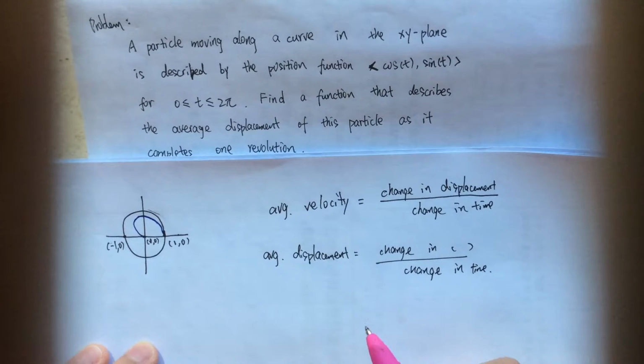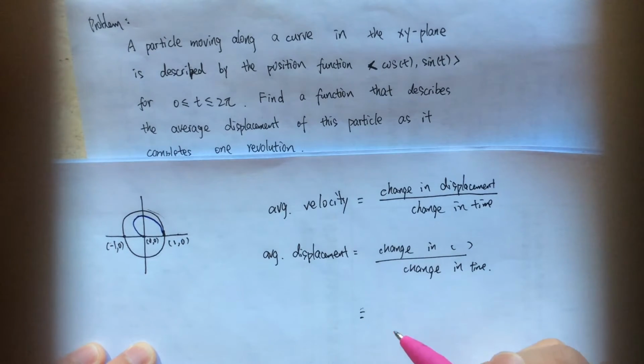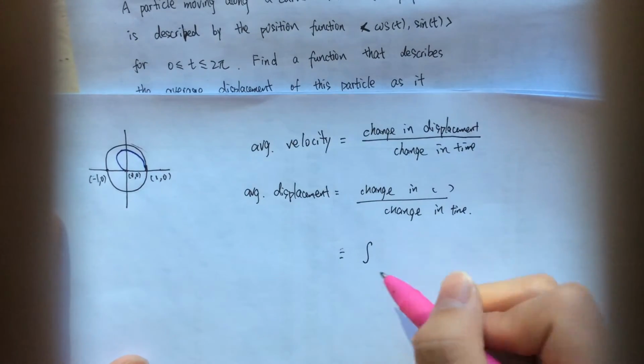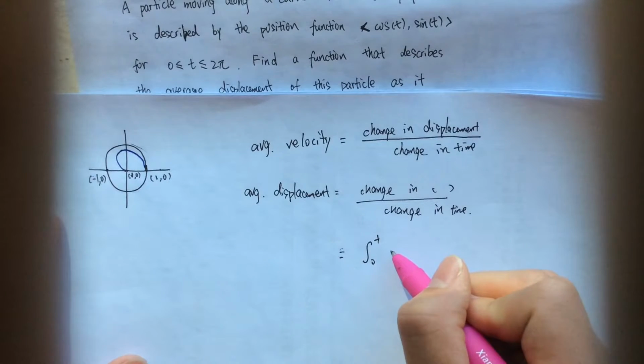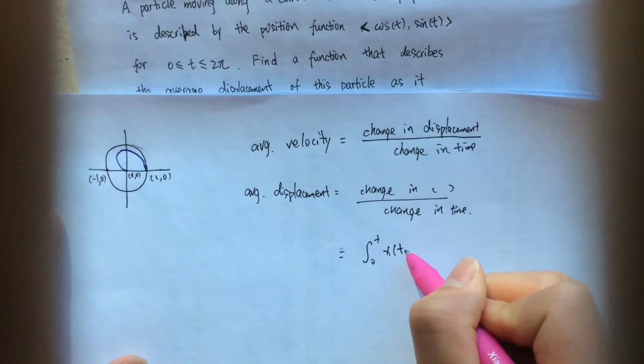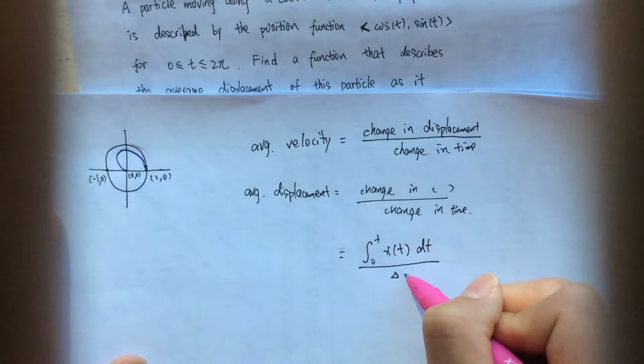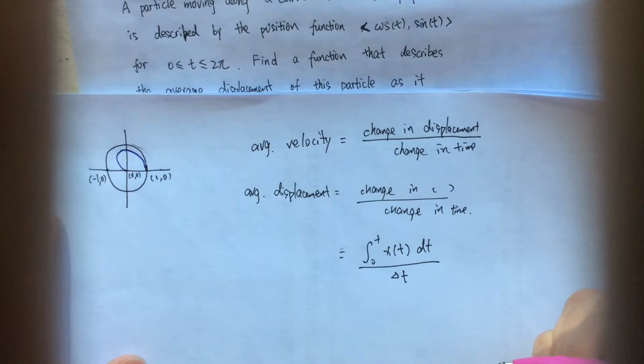So we can write our formula. Average displacement is equal to the integral from 0 to t of the function x of t, dt, over change in time.